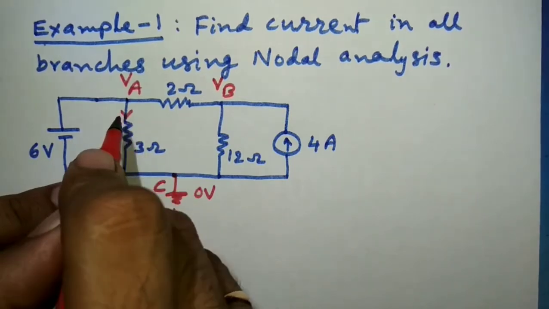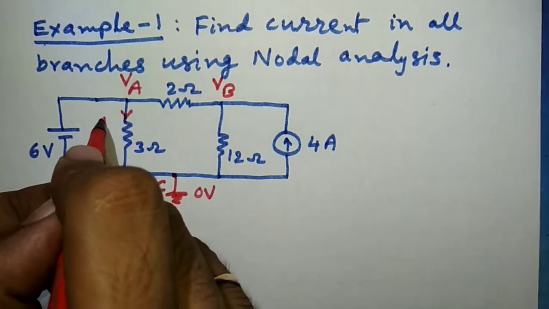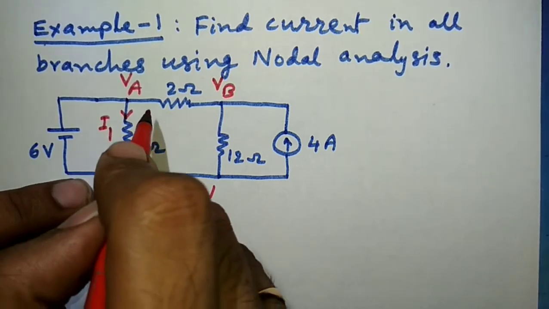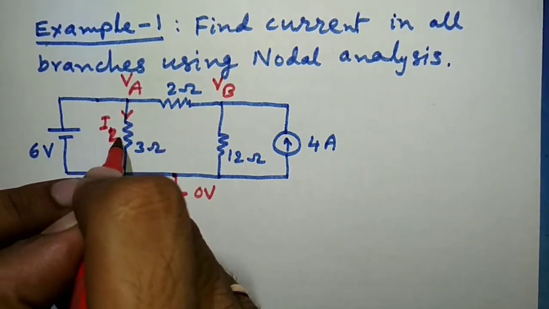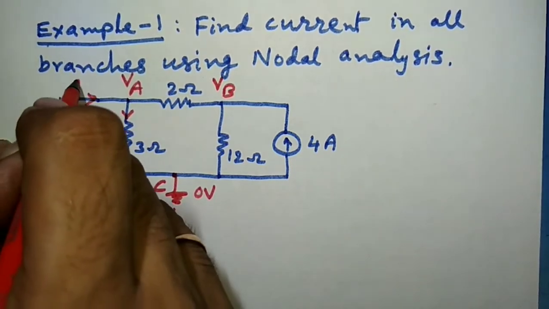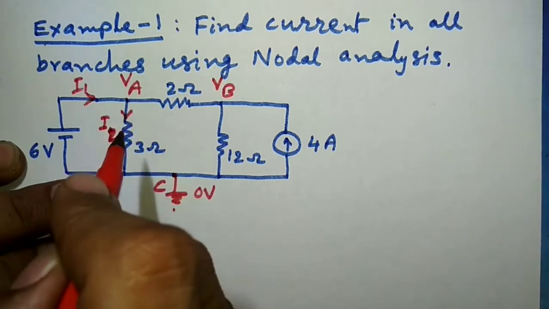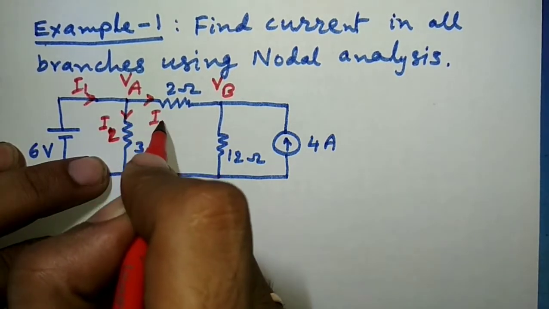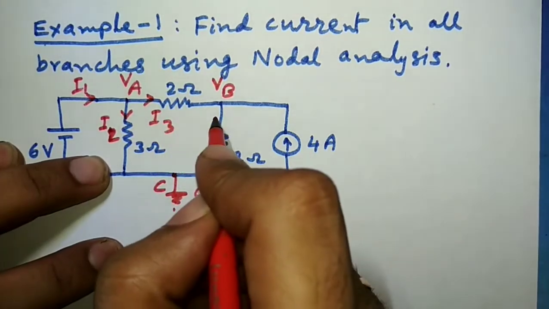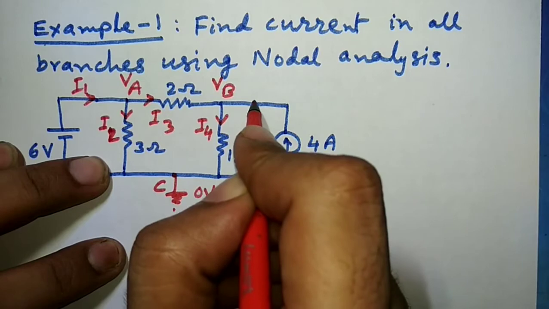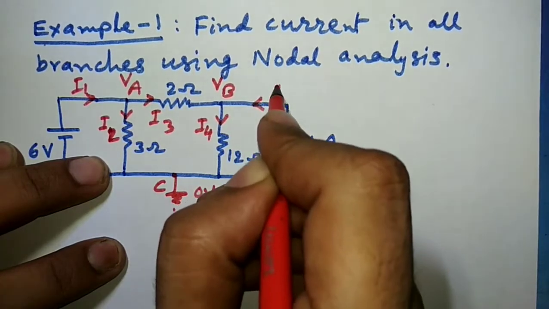So assume here the current is I1, let's say I2, here let's say it is I1, in this branch it is I3, I4 and here it is I5.